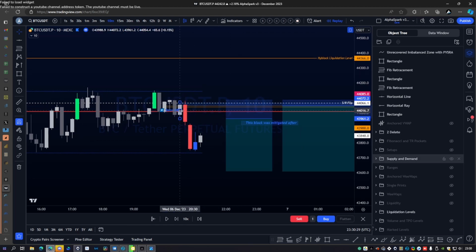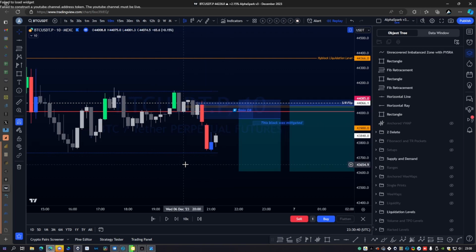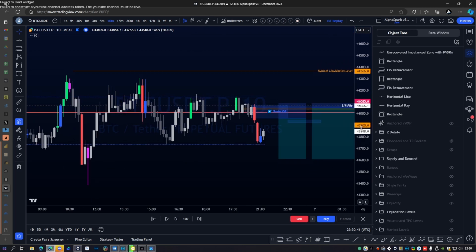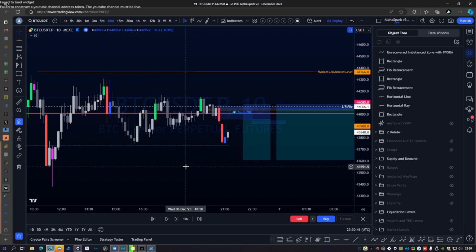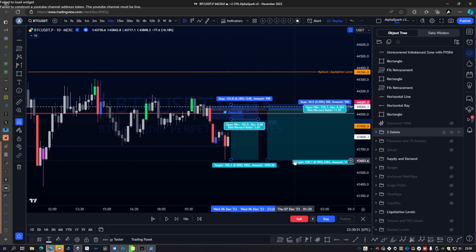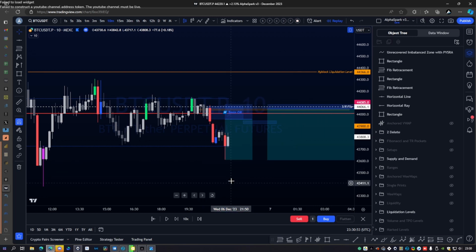So this candle over here, this is your block where price might have a good reaction from, and the only problem in this case is that your risk to reward is a little bit lower, and the only reason that I had my take profit plan there was to target that low for a possible continuation.